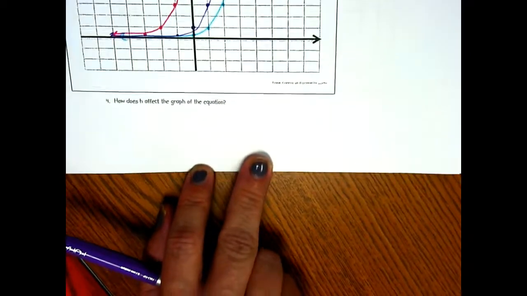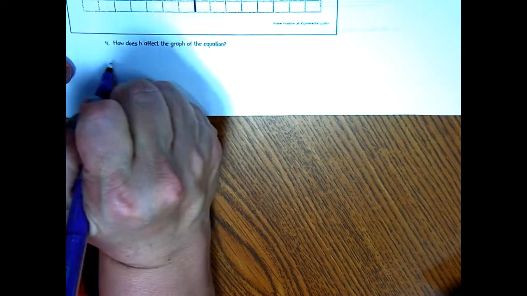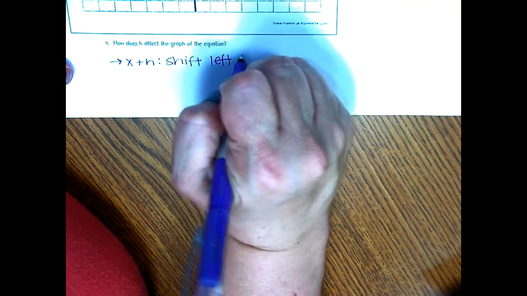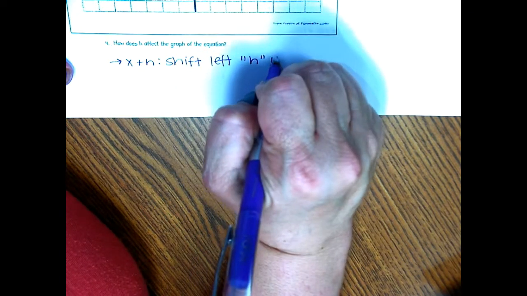So it says, how does h affect the graph of the equation? So when I have x plus h, it'll shift left h units.